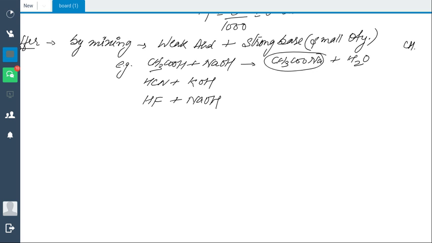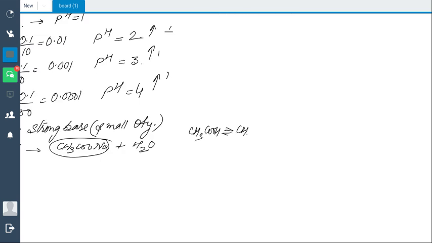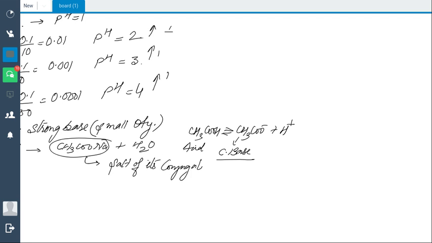This acetic acid dissociates to give this one. Now since this is acid, this is, as per the Lowry-Bronsted theory, base. Which base? Conjugate base, right? So what can I call this? This can be called as salt of its conjugate base.